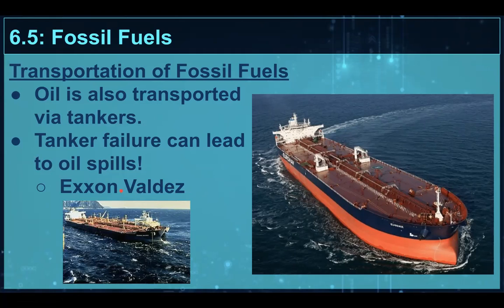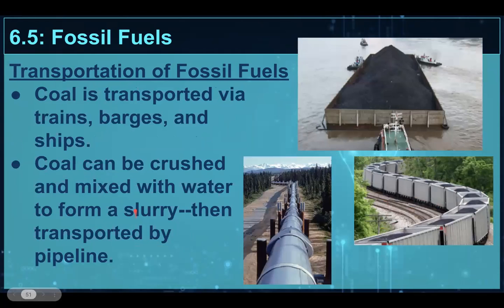I don't have the specific number on me, but a ridiculous amount, and that really harmed the ocean ecosystem there because animals like mammals that have fur, the oil gets trapped in their fur, and that has a major detrimental effect on them.